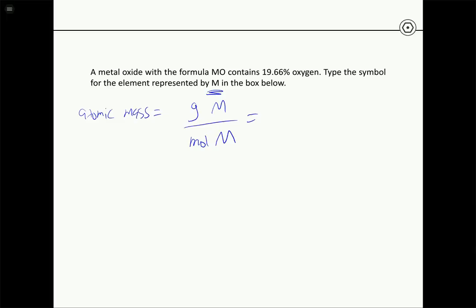So the mass of M is going to be pretty straightforward because that comes from the mass percent. Remember, if we're given a mass percent, we can assume 100 grams of compound.